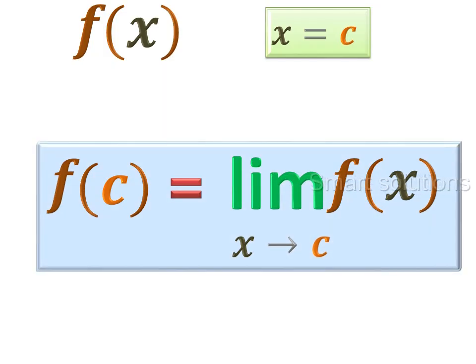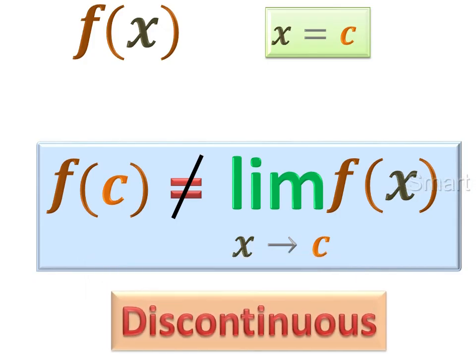If f is not continuous at c, then f is discontinuous at c, and the point c is called a point of discontinuity of f.